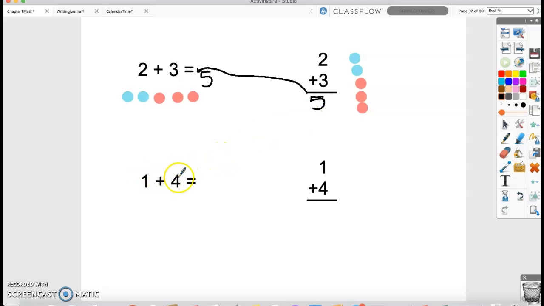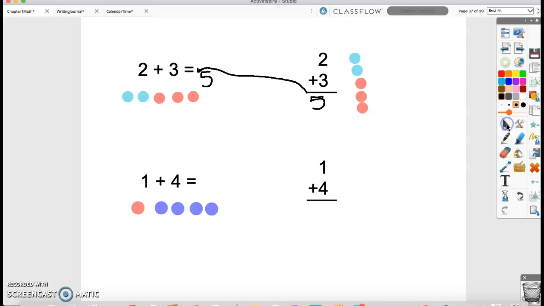So here we go. We have 1 plus 4. I will draw 1, and then I will draw 4 more. 1, 2, 3, 4. And if I have 4 and I'm going to add 1 more to it, I have 4, 5.